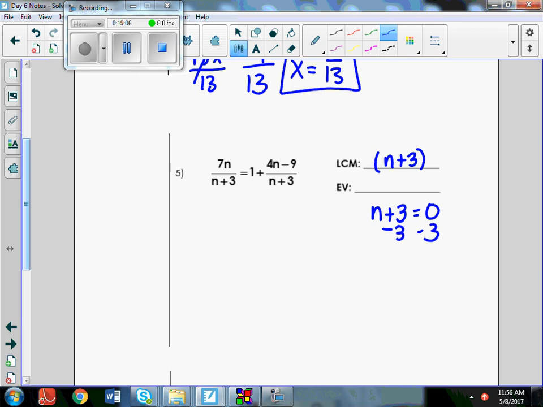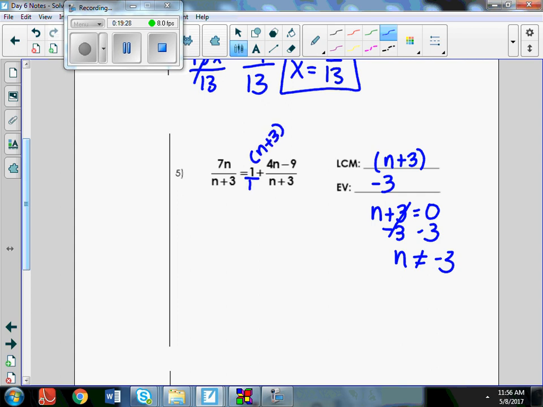Negative 3. Good, because if I had a negative 3 in the place of n, it would create 0, because negative 3 plus 3 is just 0. And I don't want to have 0. So I have to multiply the 1.